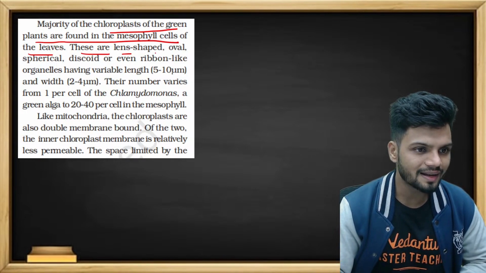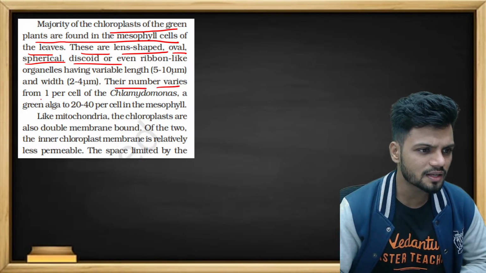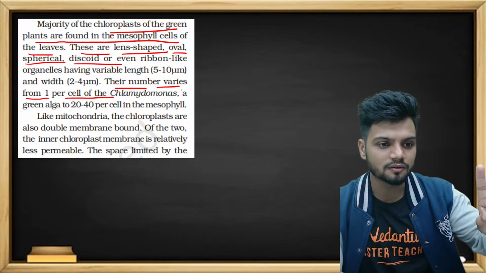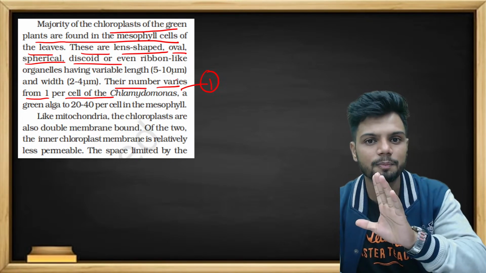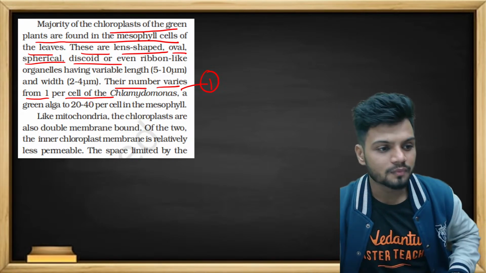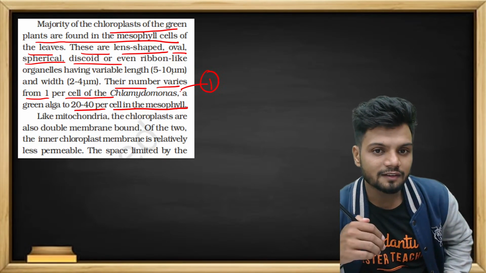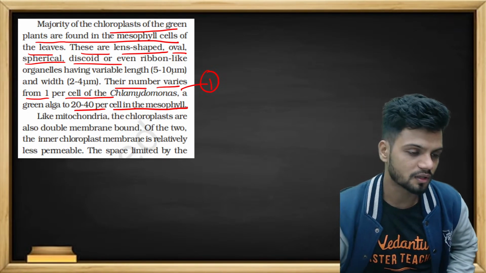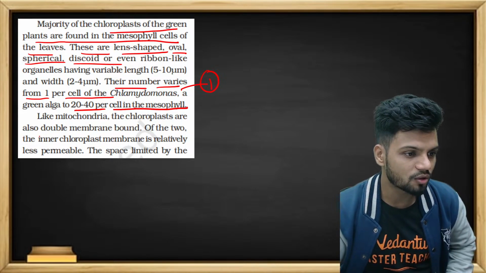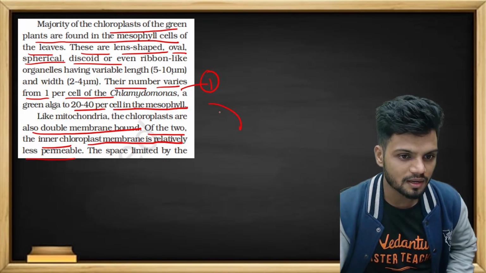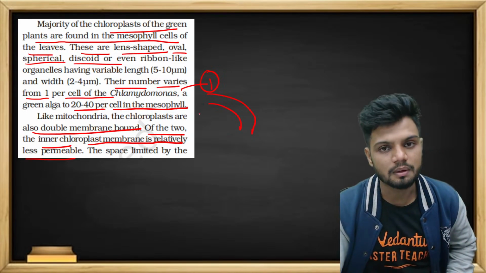They are lens-shaped, oval, spherical, or discoid. Their number varies from 1 per cell in Chlamydomonas to 20 to 40 per cell in mesophyll cells. Like mitochondria, chloroplast is double membrane bound. Of the two, the inner membrane is relatively less permeable than the outer membrane.